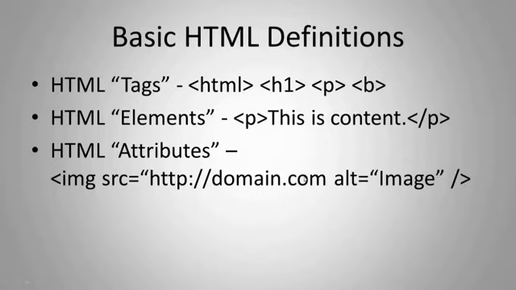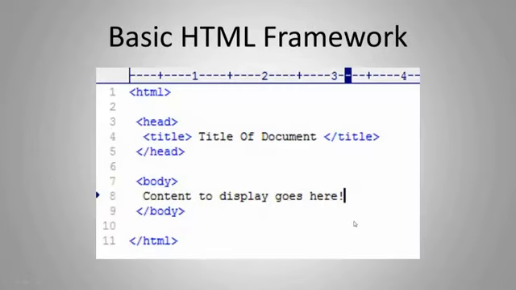This is referred to as a self-closed element. It's opened and closed inside of the same tag. And images are one, line breaks, the BR tag is another, and those are the two most common, although there are others as well. So I think that's it for this particular slide.